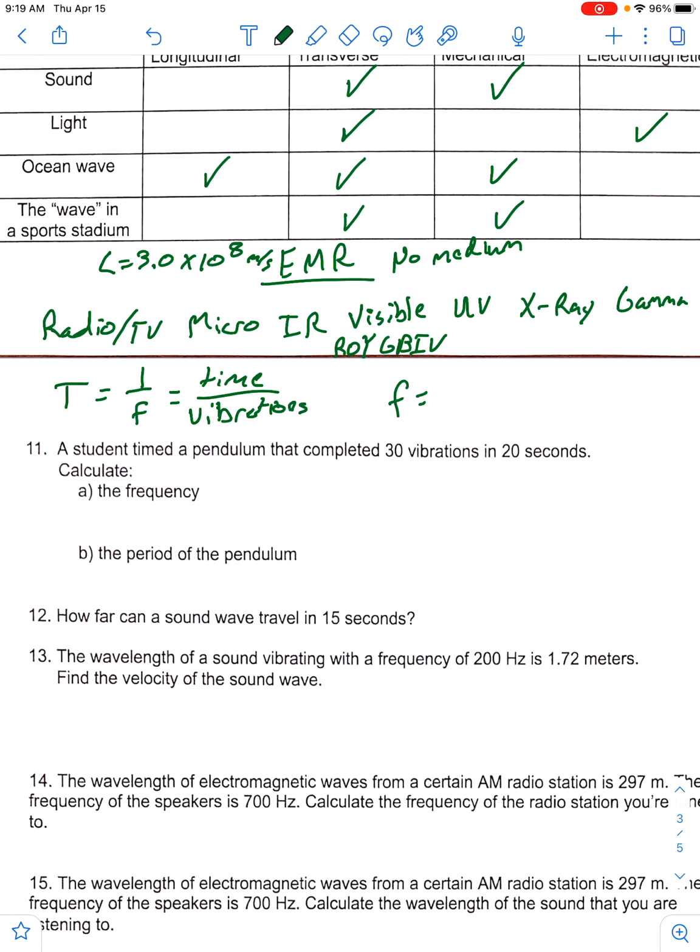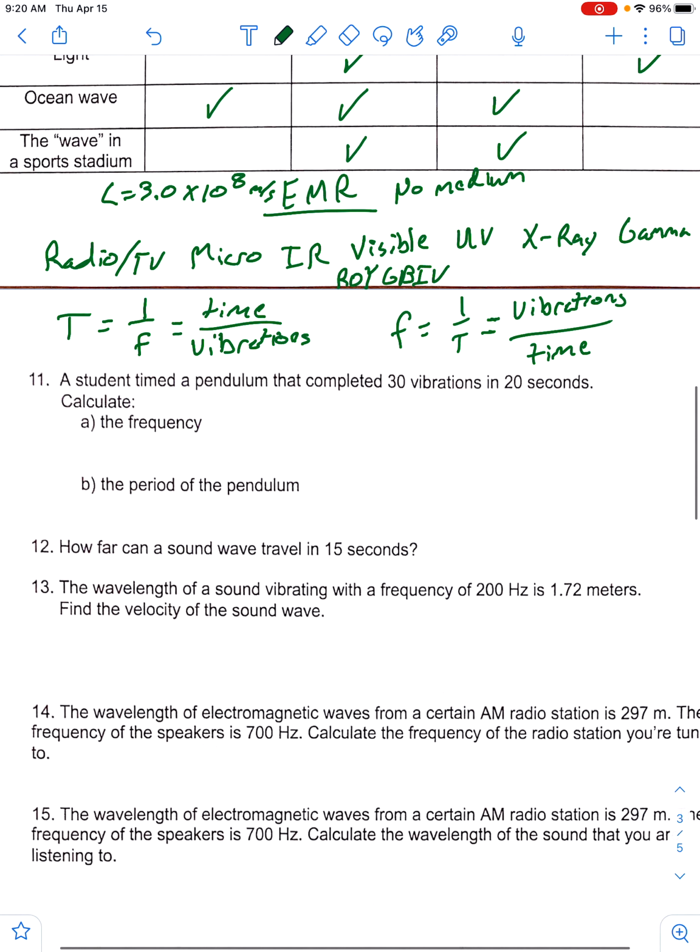So frequency is 1 over T, which would be vibrations divided by time. That should help you out, because there really is not a ton of math on this test. There is math, but very minimal equations.